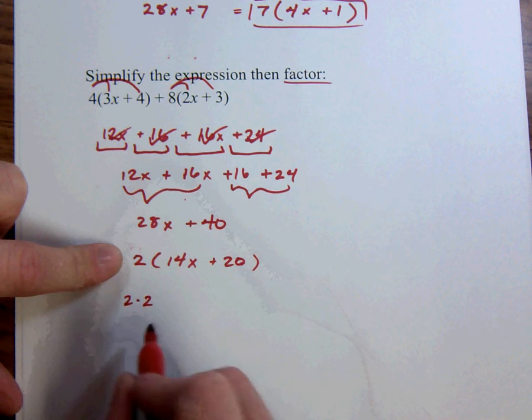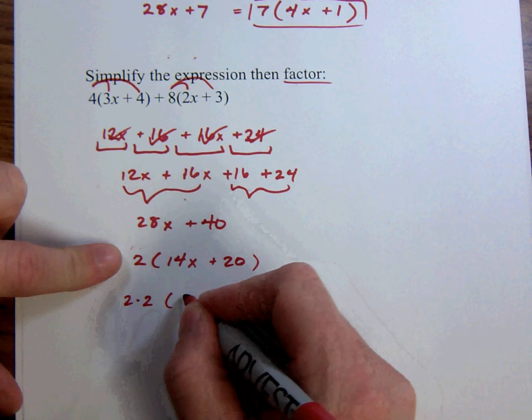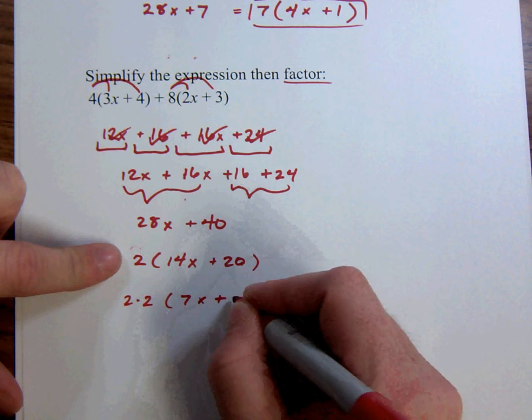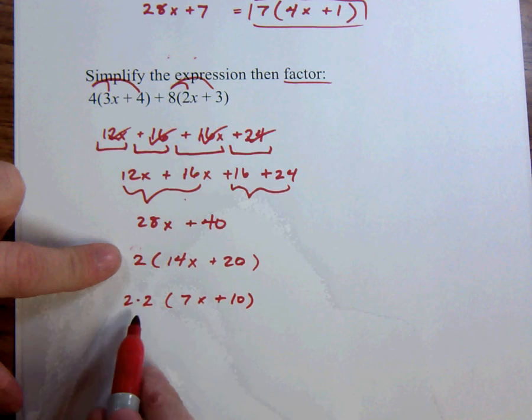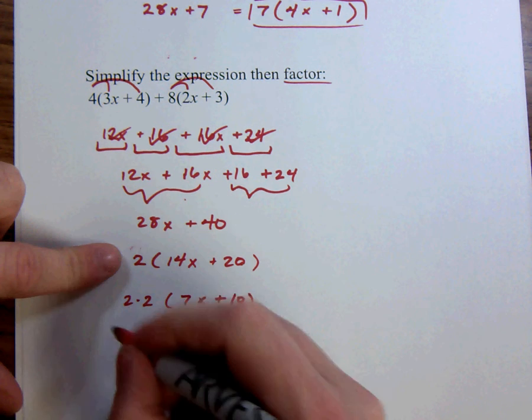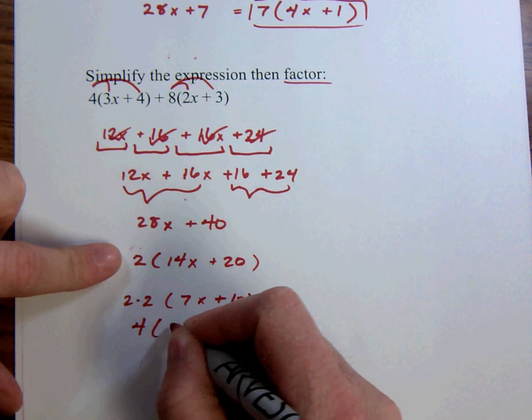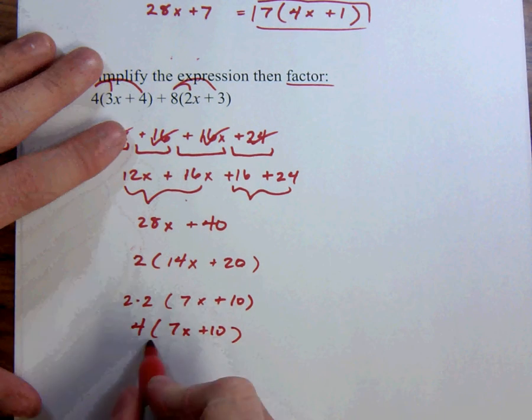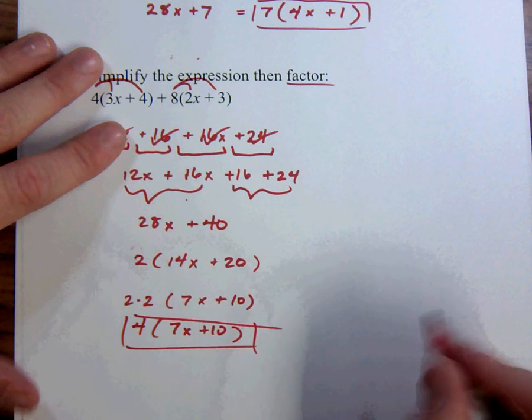So this would be 2 times 2. 14 divided by 2 is 7. 20 divided by 2 is 10. And you don't write 2 times 2. You write that as 4. So this is 4 times 7x plus 10.